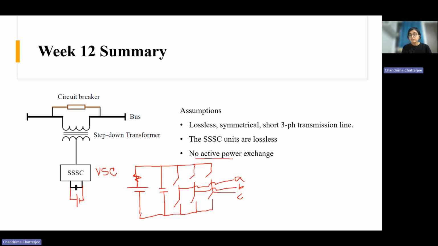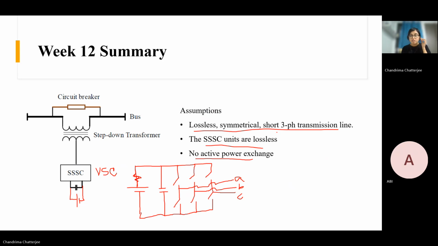So no active power exchange. Another assumption is that this unit is lossless. This assumption we have taken for other compensators also. And obviously a symmetrical lossless three-phase transmission line.